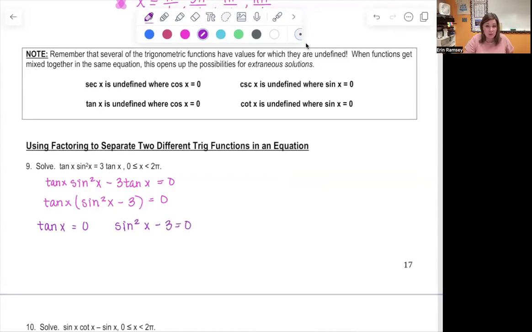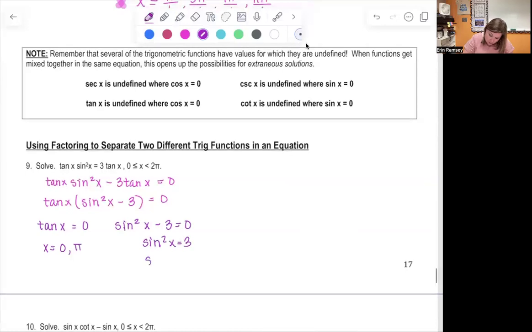Tangent of x is equal to 0 at x equals 0 and pi. Now sine squared, I'd have to add 3. Sine squared of x equals 3, and then take the square root. Sine of x equals plus or minus the square root of 3. Here's what's tricky.